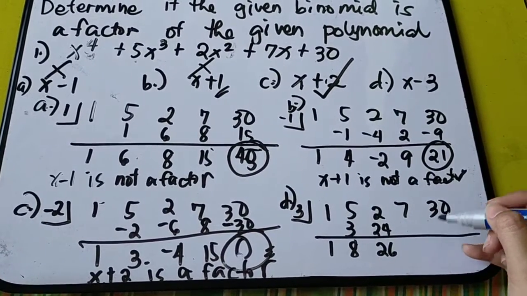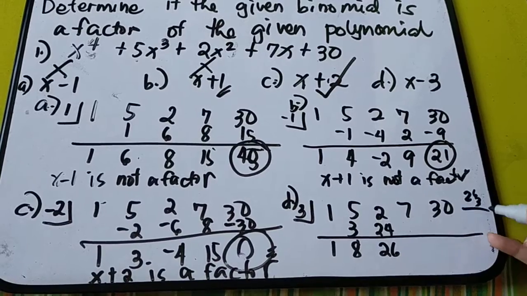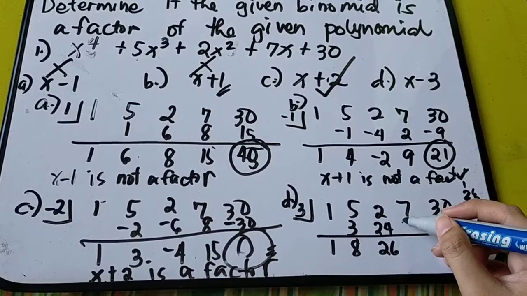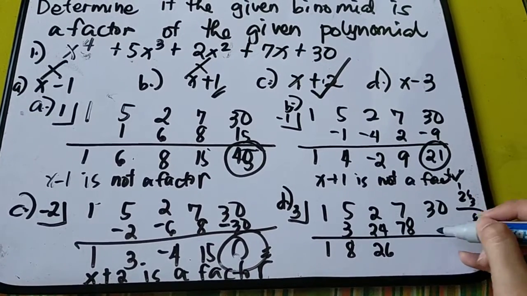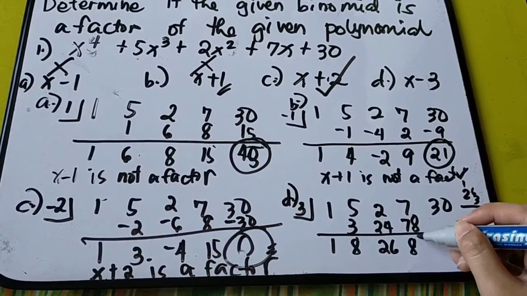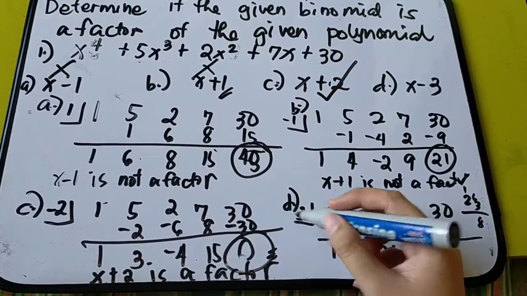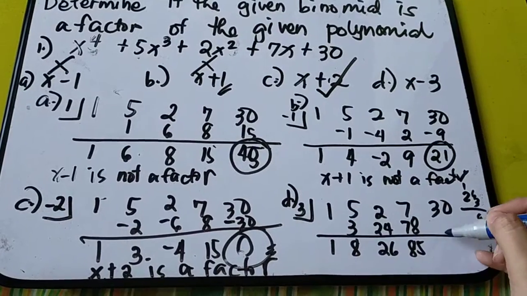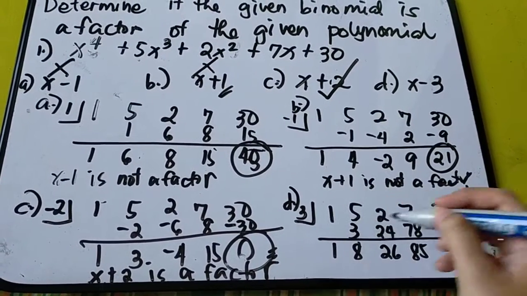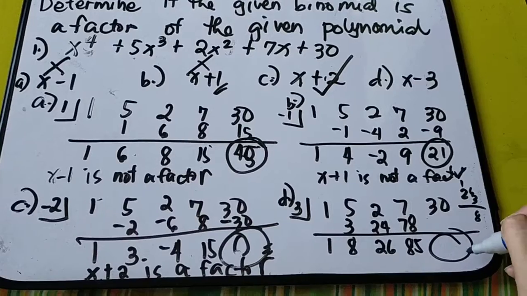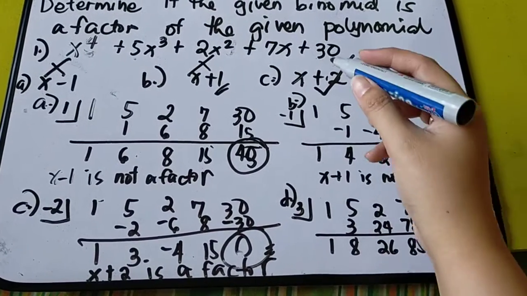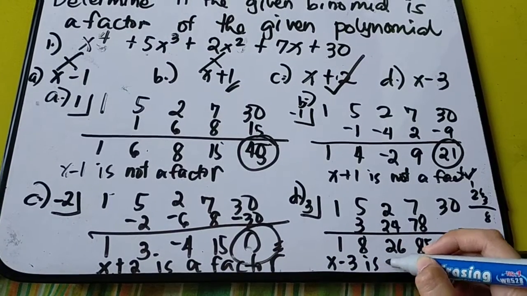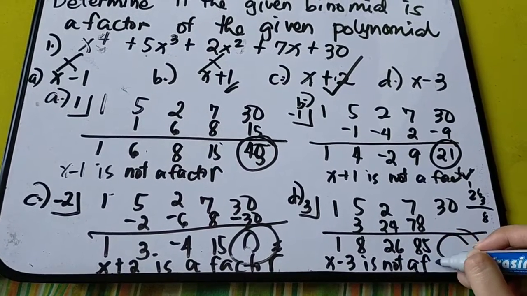So, 26 times 3, we have here 18, carry 1, 78. Right here, 78. 78 plus 7, that is 85. O, tingnan nyo, masyado na siyang malaki. So, since masyado nang malaki, pag minultiply mo pa yung 85 times 3, hindi na to magiging 0. So, since it is not equal to 0, therefore, x minus 3 is not a factor.